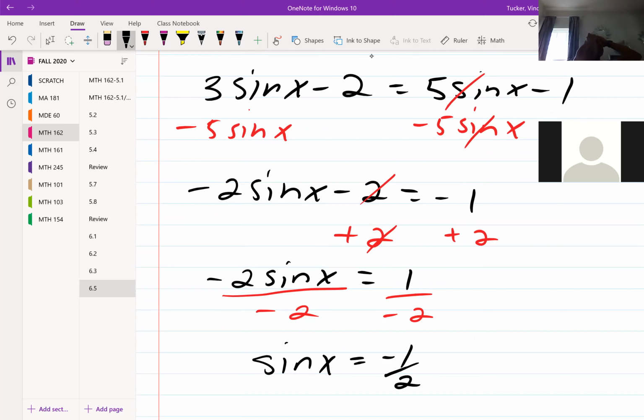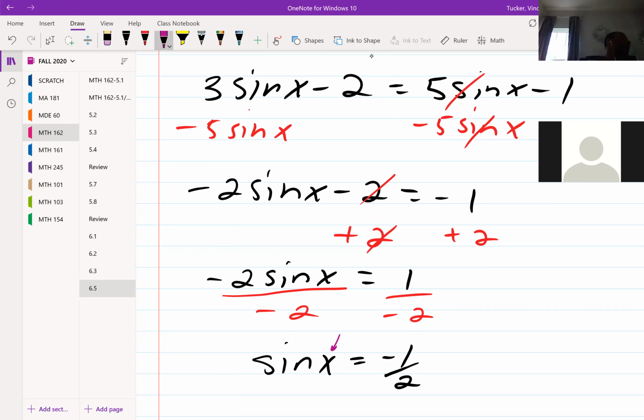All right, so questions so far as what we have done. All right, so of course we're not done. We want to figure out what x is, what value or values for x will fit into this application of sine.